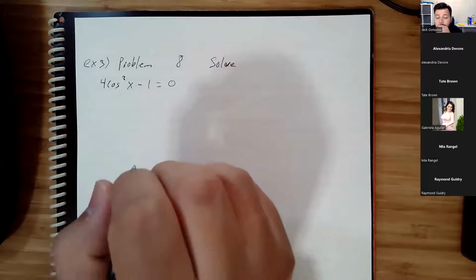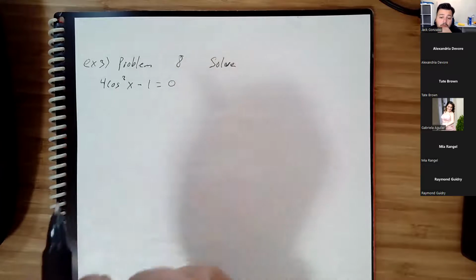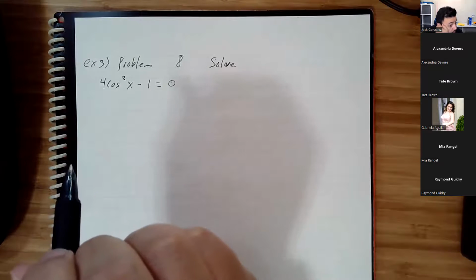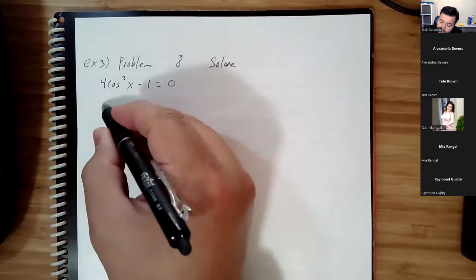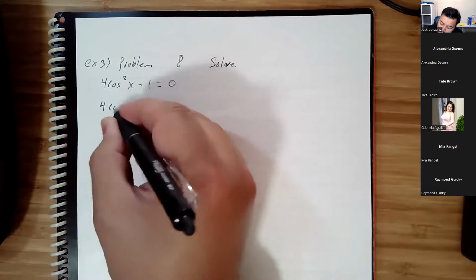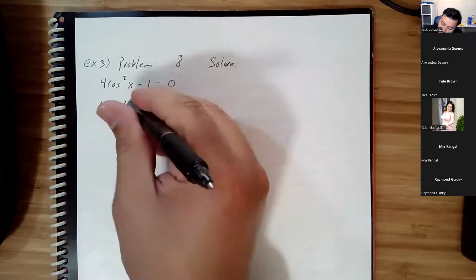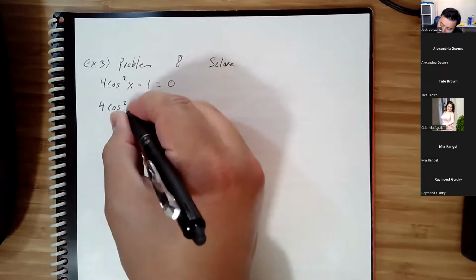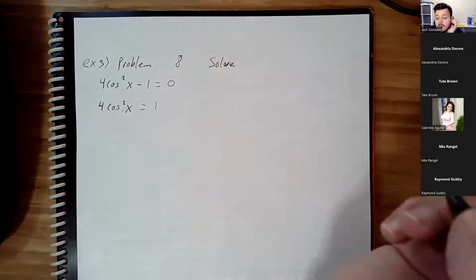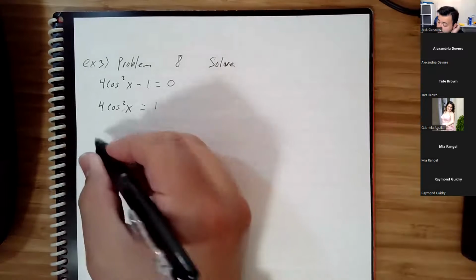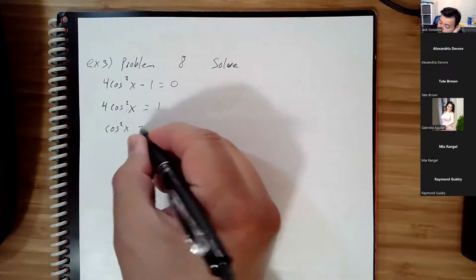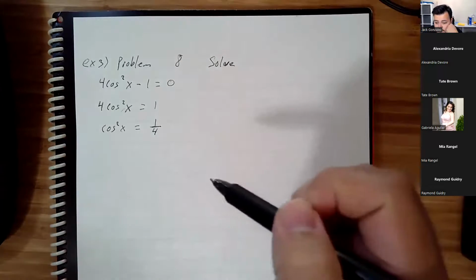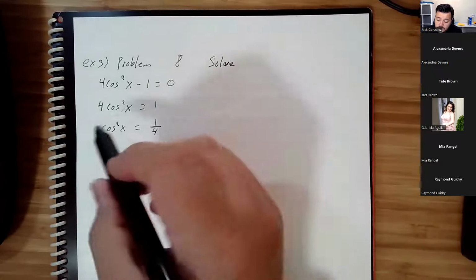Try to stick with x this time, see how that works. All right, so same idea. Isolate the cosine, use inverse functions, and then find the pair to your solution. This one might be a little different. So I'm going to add the 1 over. Don't write the theta, man. X. So plus 1, both sides. Divide by 4. Let's get some minor steps here. Let me know if you want to see more steps. At this point, we've got to square root both sides.